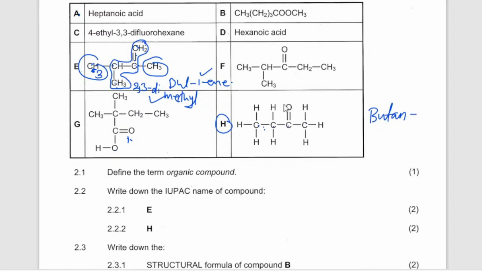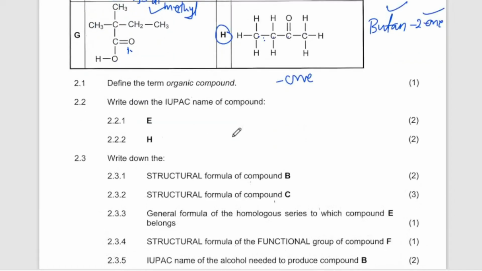This is a ketone, which ends with -one. So it's butan-2-one. So basically, that is it. You get 2 marks for the chain and then the position there.